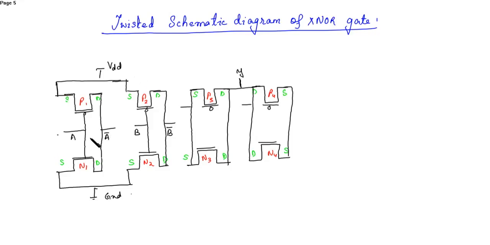So this is A. A is given as the input to this. Okay, so you have to connect the gates also. This is connected.